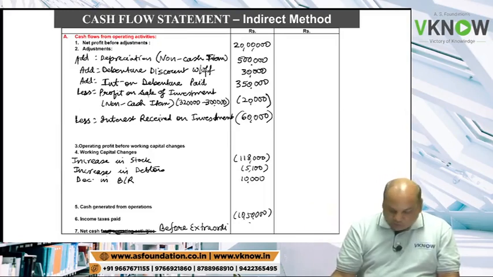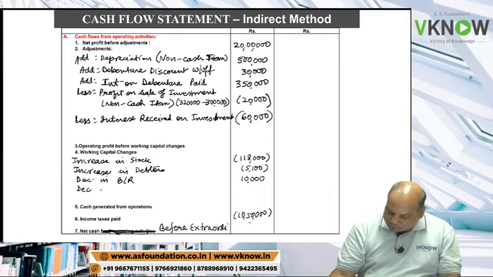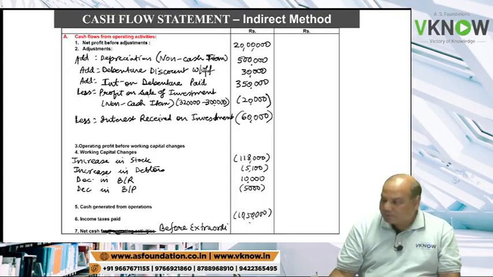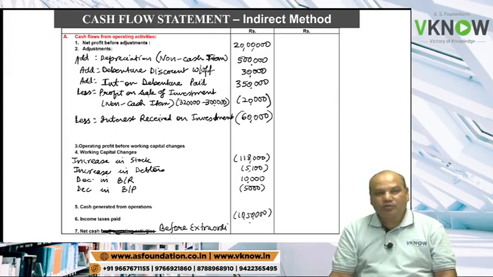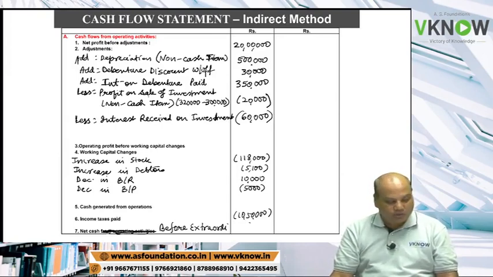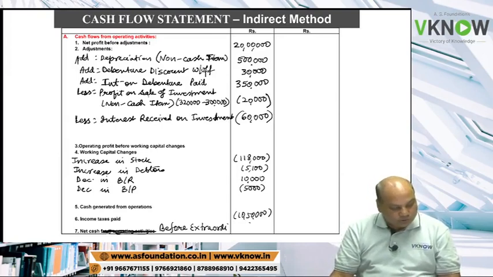Then decrease in bills payable also. Decrease in bills payable 45 minus 40, 5,000. Decrease in bills payable, decrease in cash flow, which means decrease in current liability is decrease in cash flow. Then creditor has increased.